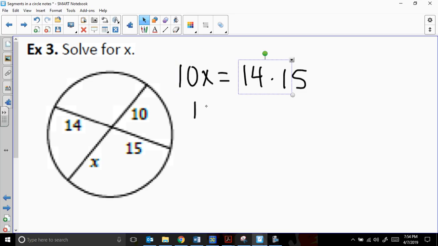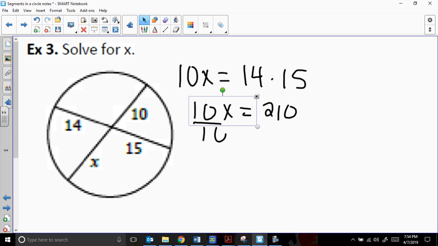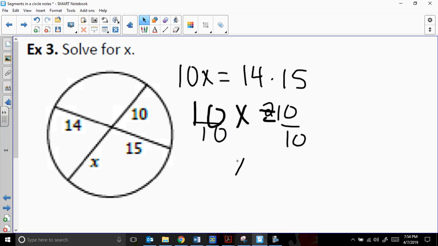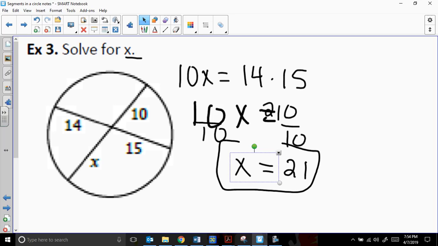And so now we have 10x is equal to 210. And then we can divide both sides by 10, and we get x is equal to 21. And since we're only trying to find x, there we go, we have our answer. x is equal to 21.